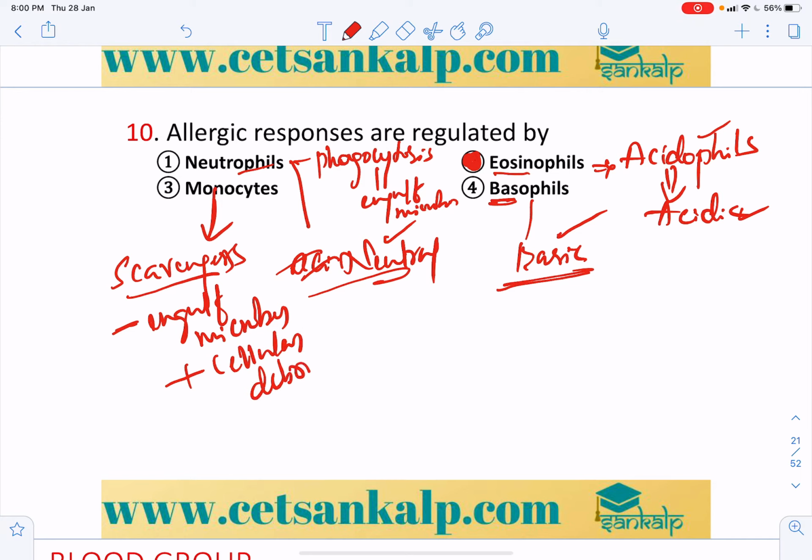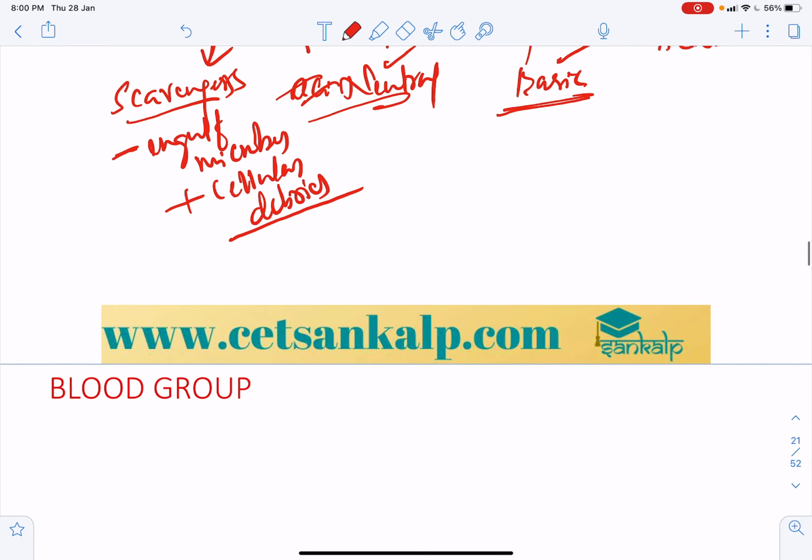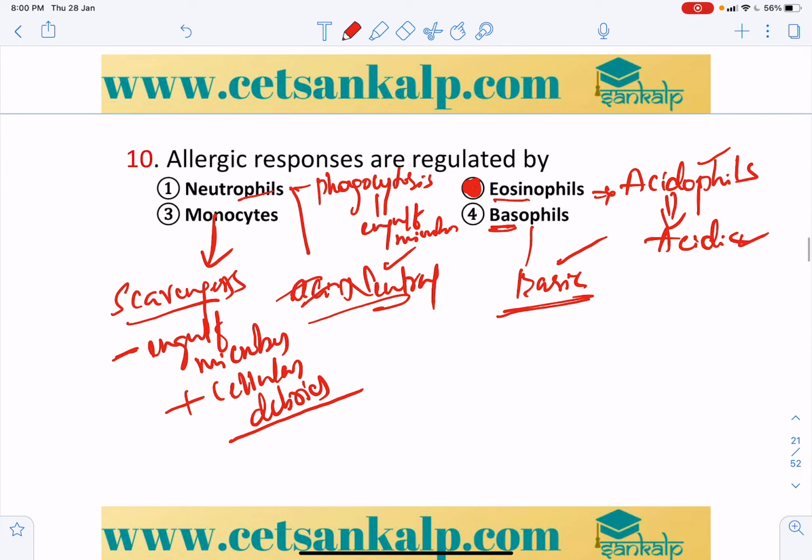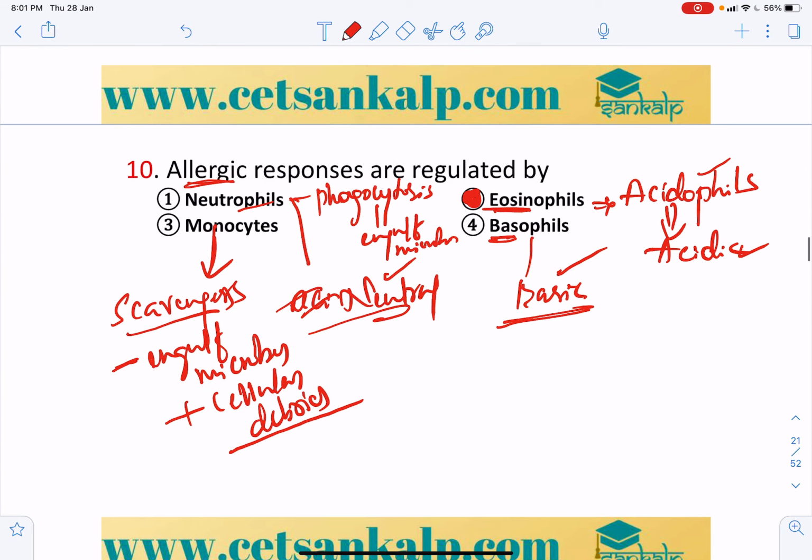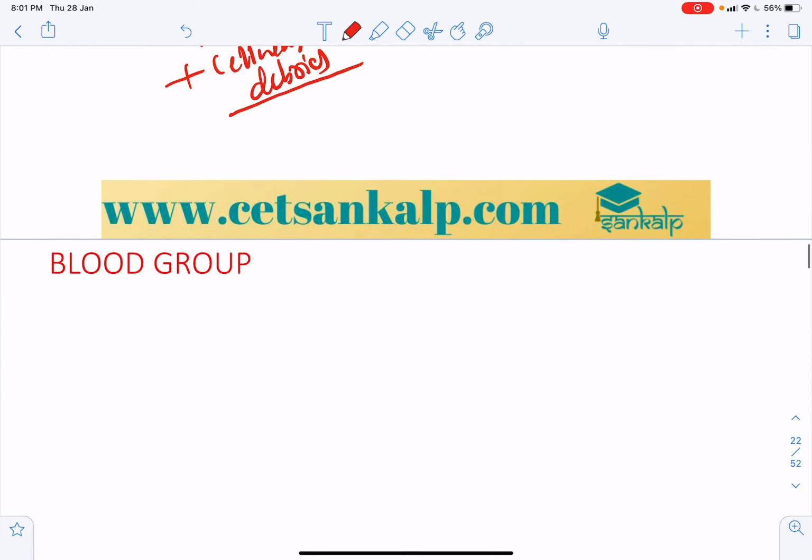This is the one difference to keep in mind in case of monocytes. And lymphocytes help in antibody production. So the answer for allergic is eosinophils. Neutrophils are phagocytic, and basophils produce heparin, serotonin, and histamine.